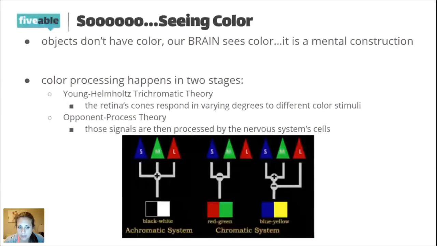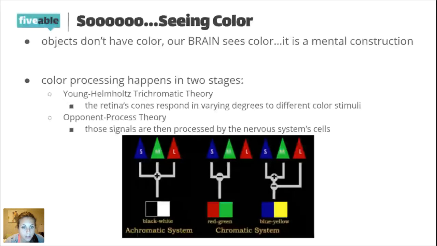So that color processing that happens in my brain goes through two phases. First, we have the Young-Helmholtz trichromatic theory. The retina's cones are responding. That's the top part of that image there with the S, the M, and the L, the blue, the green, and the red. So my cones are responding based on what's happening. And then the opponent process theory takes over.